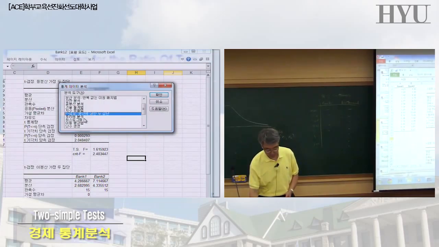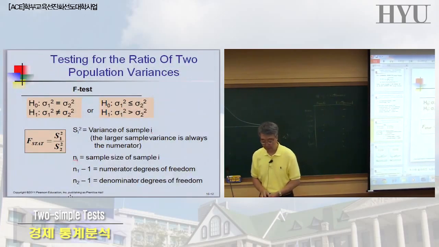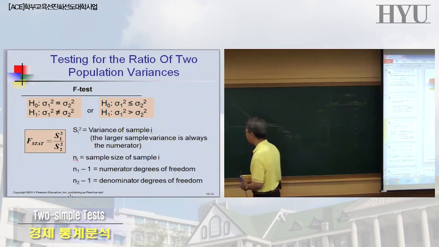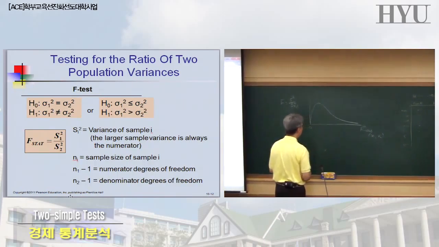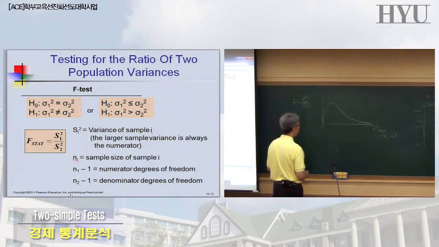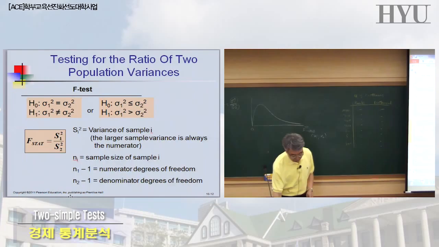Because what we are doing here, we either talk about a two-tailed test or only an upper-tailed test. Actually, most likely we will be talking about an upper-tailed test here, because when you construct the test statistic F, S1 square over S2 square, we always put the larger sample variance on top as the numerator.